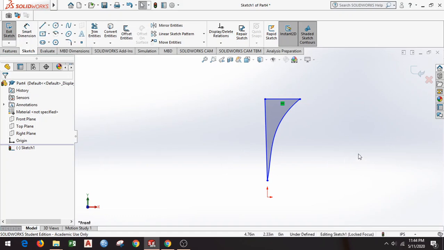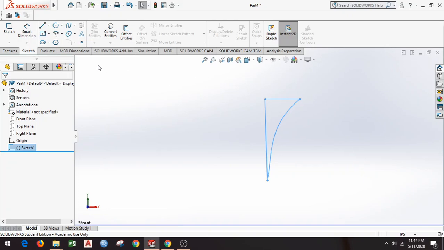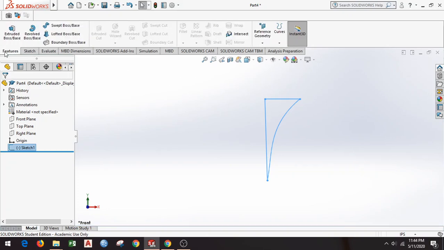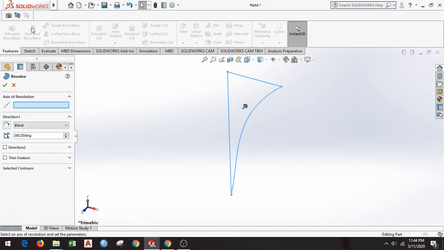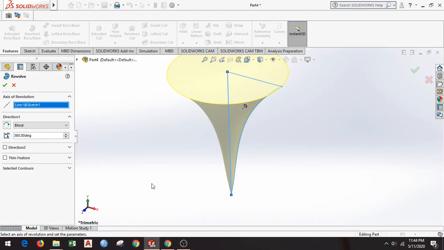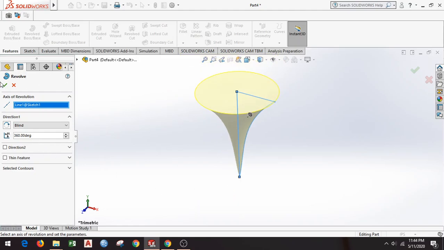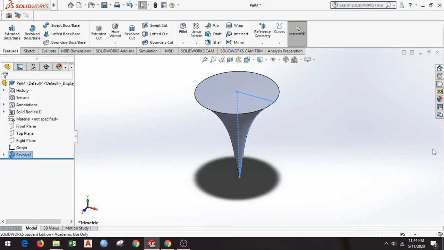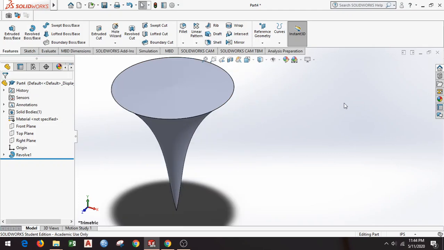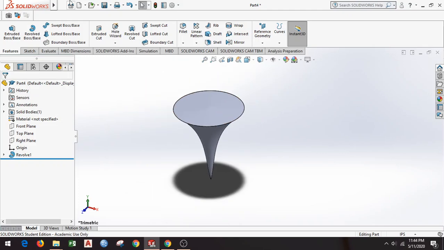That's our goal. So exit the sketch. Sketch is complete. Then go to the features tab. Revolved boss you need to select, and axis of revolution is the vertical axis, and full 360-degree revolution, and that is what we have. So let's go ahead and save this part.